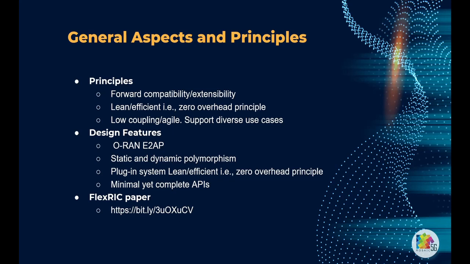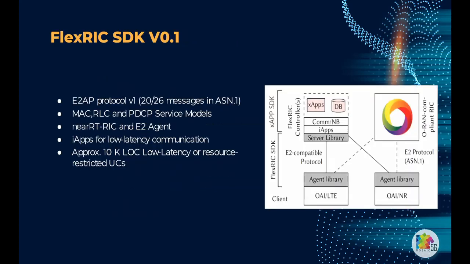So design features, we implement O-RAN E2AP. We have static and dynamic polymorphism in the implementation, plugins, as I said, and a minimal yet very complete API. And I put the reference to the paper in case you want to know more about FlexRIC.